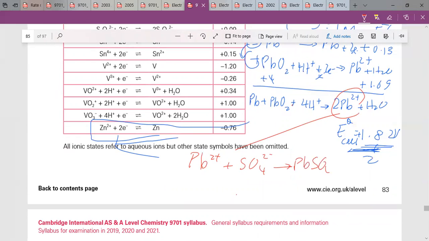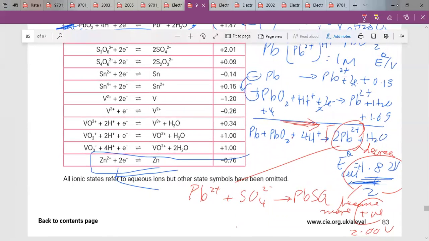So the concentration of this one will decrease. What happens? Equilibrium will shift forward. And when it shifts forward, what happens to this one? It becomes more positive, to reach 2.00 volts. That's why you add the acid.